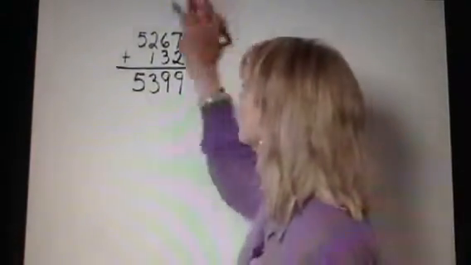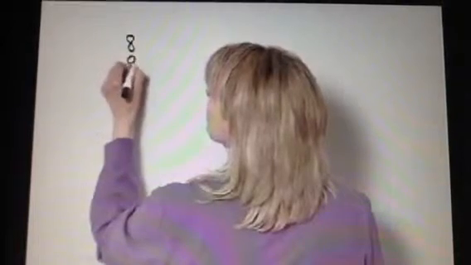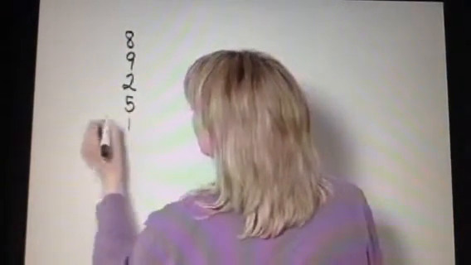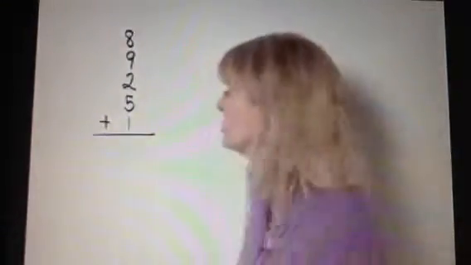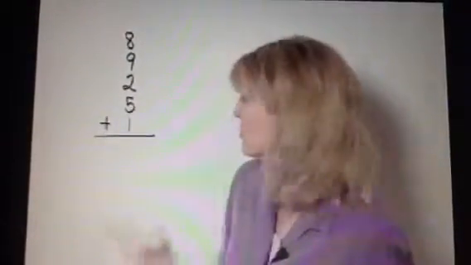Let's try that again. We are practicing adding whole numbers. Let's suppose we have 8 plus 9 plus 2 plus 5 plus 1. Now remember, we have the commutative property of addition and the associative property of addition. That can help us when adding a lot of numbers.